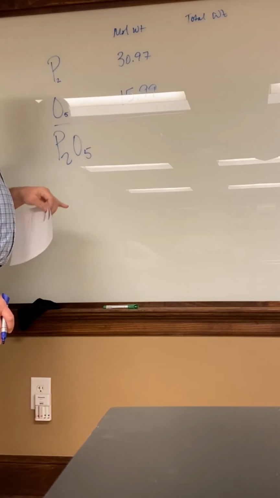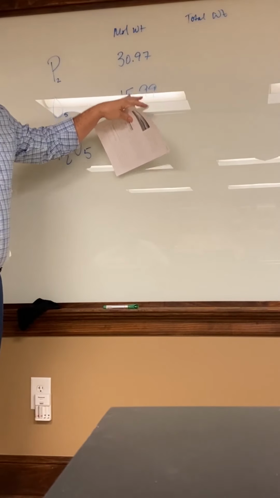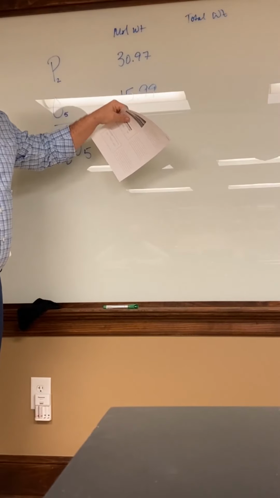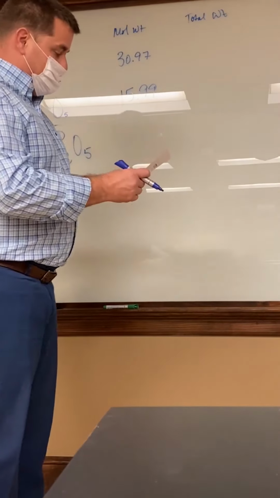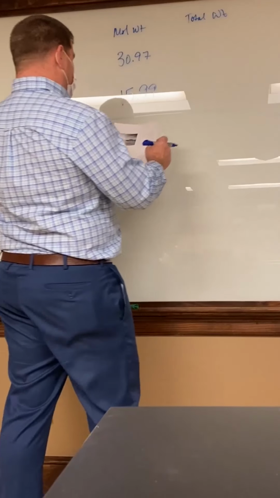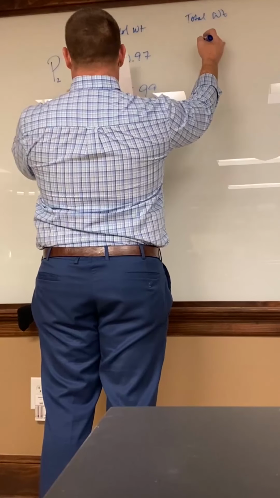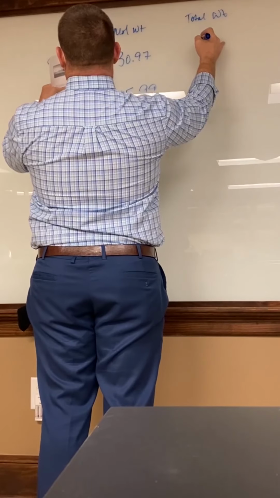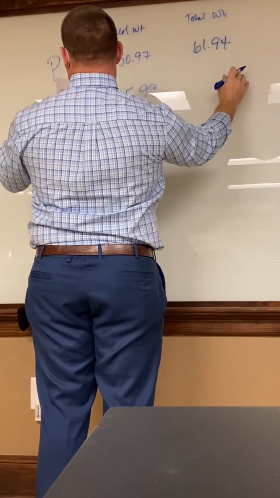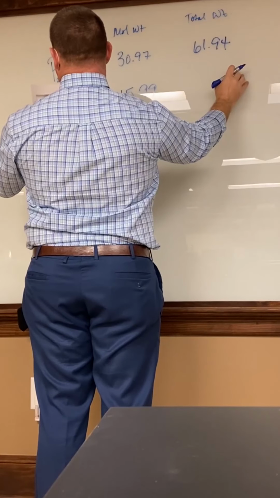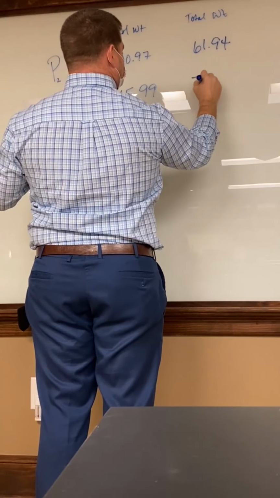The molecular weight of oxygen is roughly about 16, but just because I'm one of those analytical scientists, we have to get exact down to the decimal. So when we do our math across, this is 61.94. Forgot my glasses and my jump drive and my brain. And then for oxygen, we have 79.95.